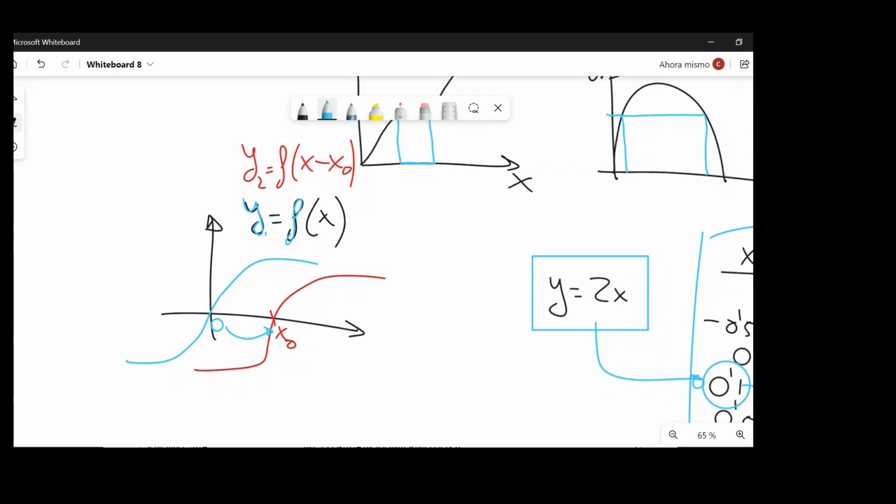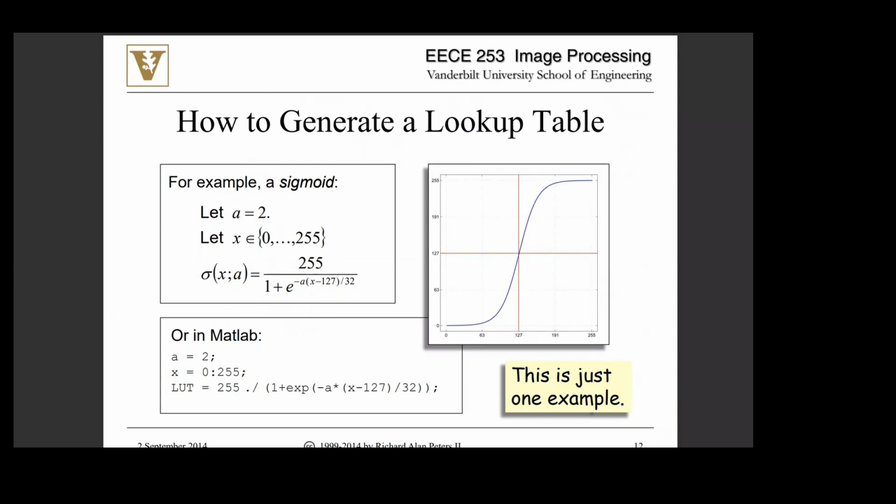So this is actually what we have done here. You see, it has the same structure: x minus something. So originally, if we didn't put the 127, this would happen at 0. But now, because we have shifted it to the right, this is happening at 127.